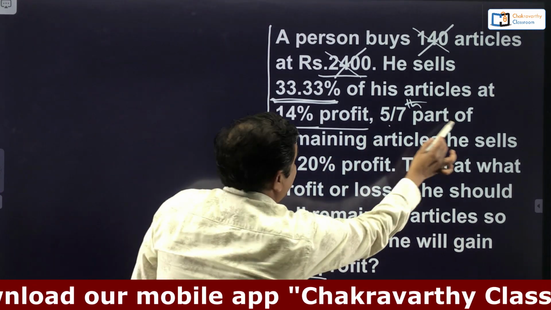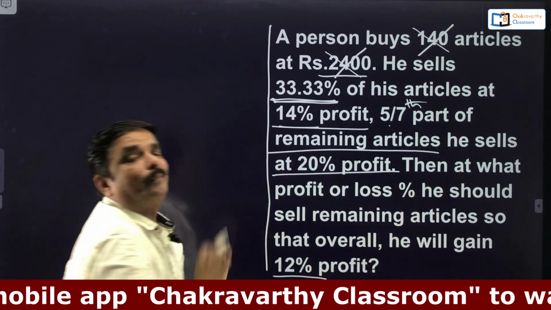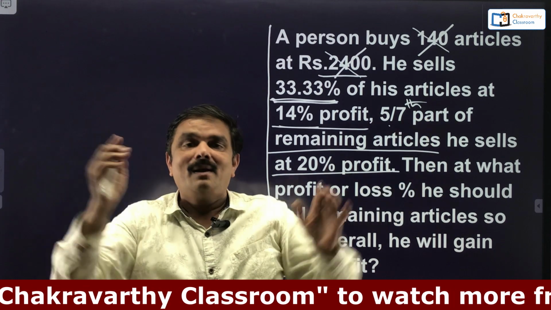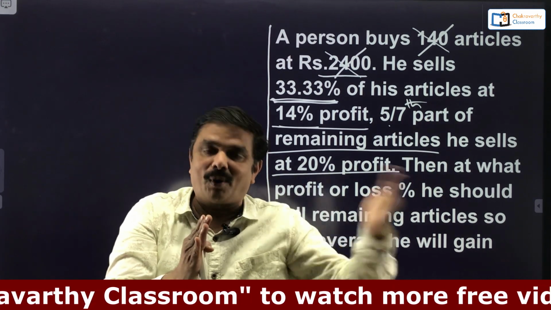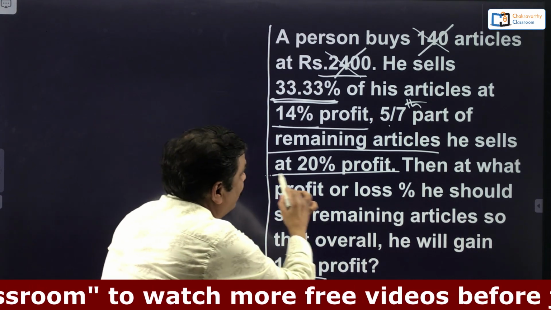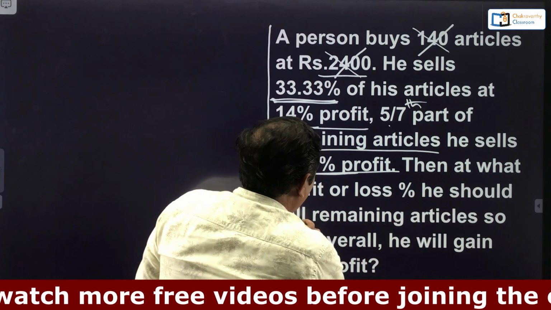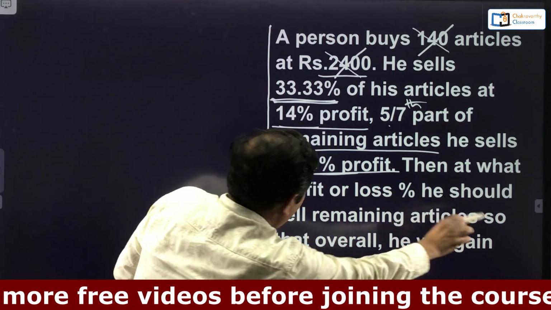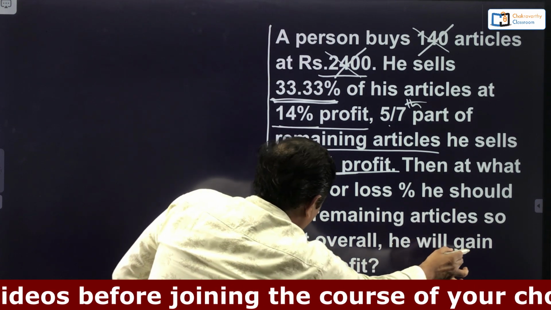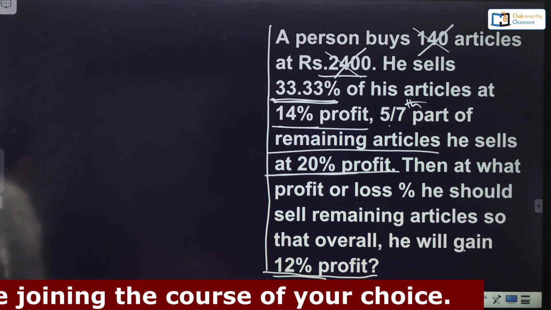Then 5 by 7th part of the remaining articles at 20% profit. Okay, first overall consignment is there. 1/3 he sold at some profit. In the remaining one, 5/7 he sold at 20% profit. Now, at what profit or loss percent he should sell the remaining articles so that overall he will gain 12% profit. This is what they have given.